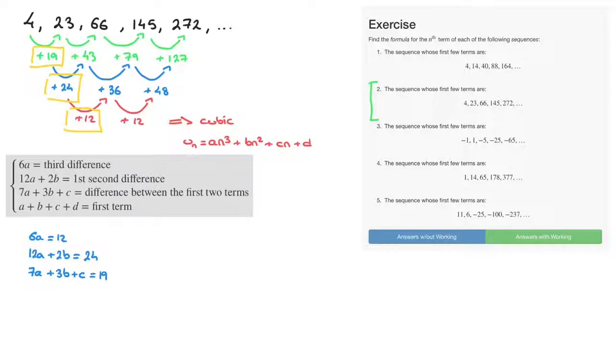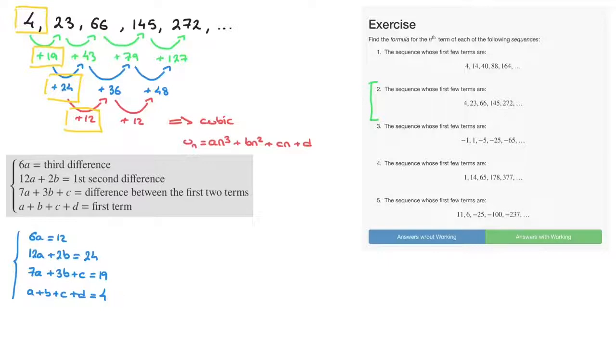We move on to the fourth equation, which is a plus b plus c plus d must equal the first term, which is 4. So our fourth equation is a plus b plus c plus d equals 4. Those are our four equations, and we solve them going from top to bottom, starting with equation 1 and finishing with equation 4.